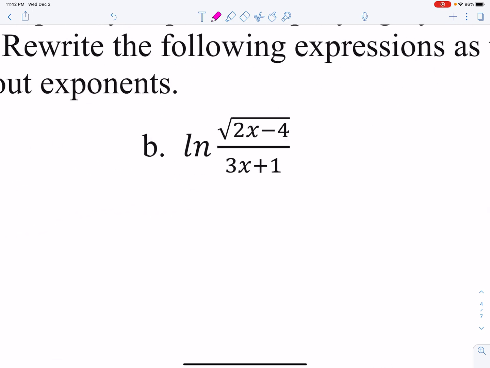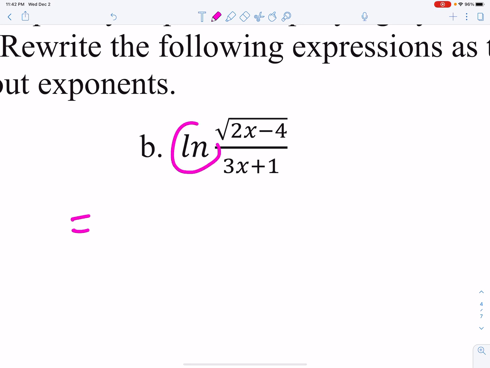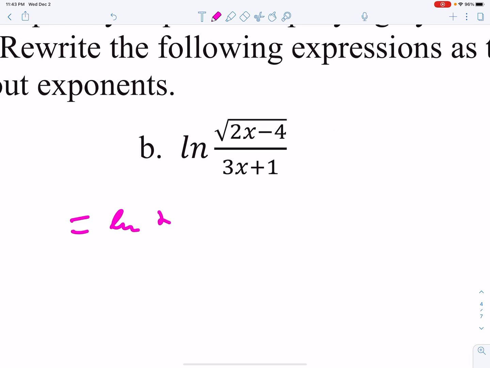Very similar here. So now we're using, remember the ln means natural logarithm, log base e. All right, so now we're dividing. So remember, division becomes subtraction. In other words, natural log of the top, so square root of 2x minus 4, minus natural log of 3x plus 1.